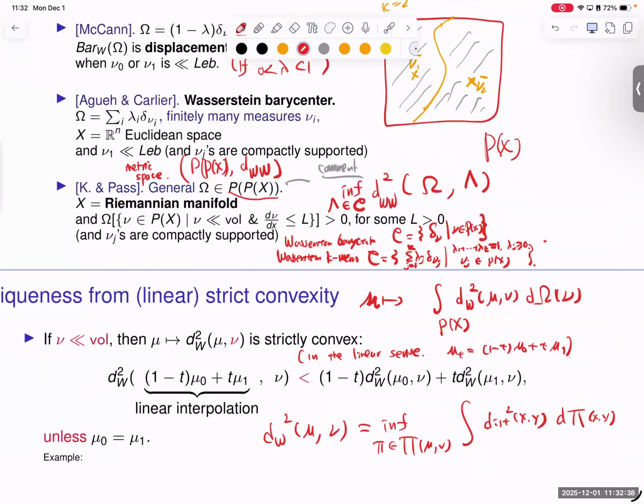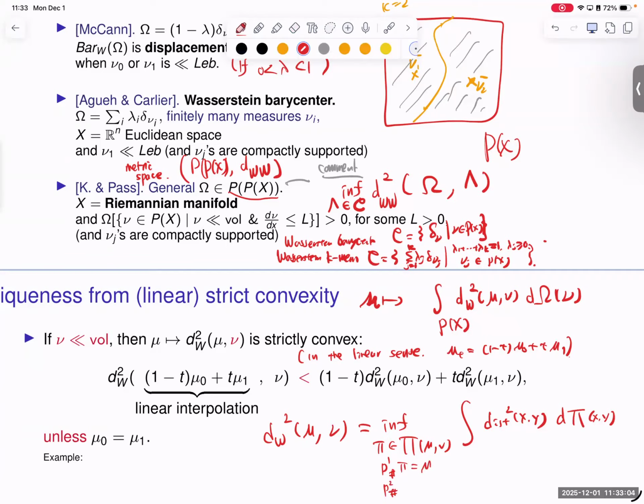Yes, that relates to the linearity, and that's what I'm trying to do. Let me write this first, and then I can come back to you.